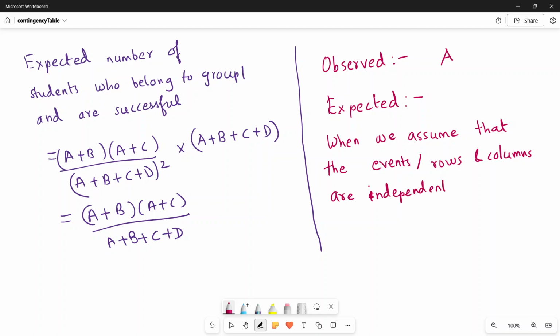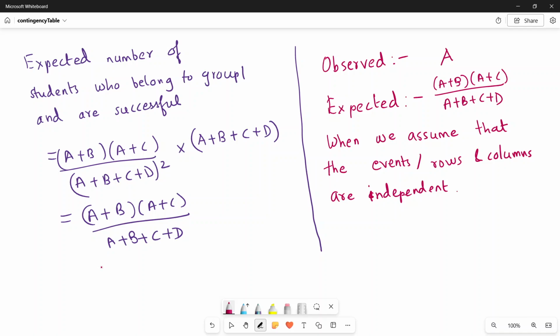So in this case, belonging to a particular group and being successful or not are independent of each other. This is our assumption. When we assume that the rows and columns are independent of each other, the expected value is given by A plus B into A plus C divided by A plus B plus C plus D.